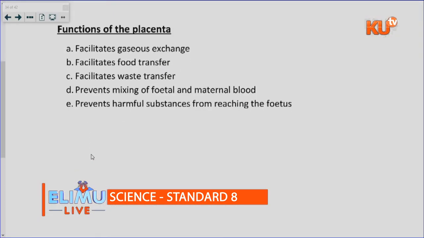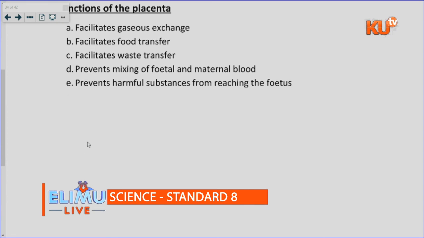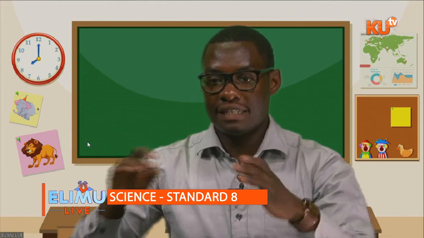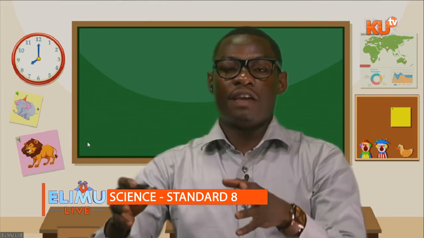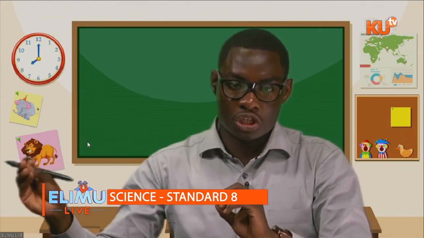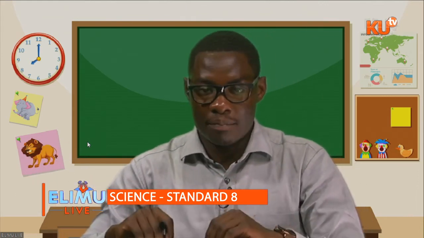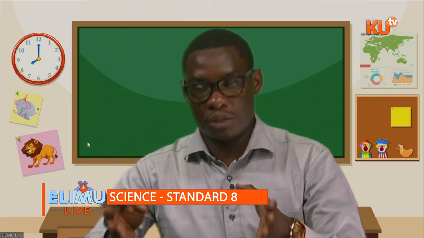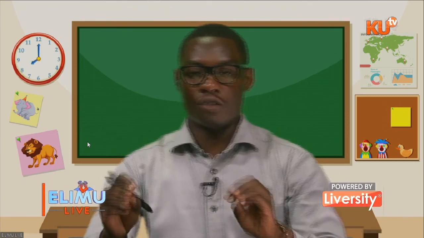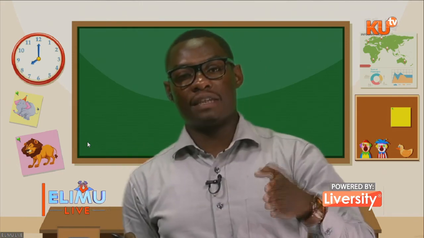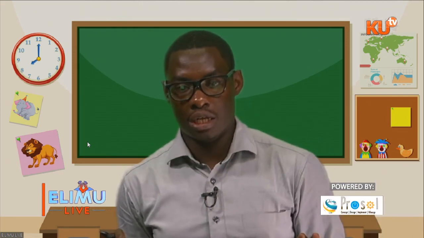It also prevents the mixing of fetal blood and maternal blood. The fetus blood and the mother's blood do not mix, because the mother's blood is under high pressure while the fetus blood is not. So mixing can lead to the rupturing of the blood vessels of the fetus. It also prevents harmful substances from reaching the fetus.